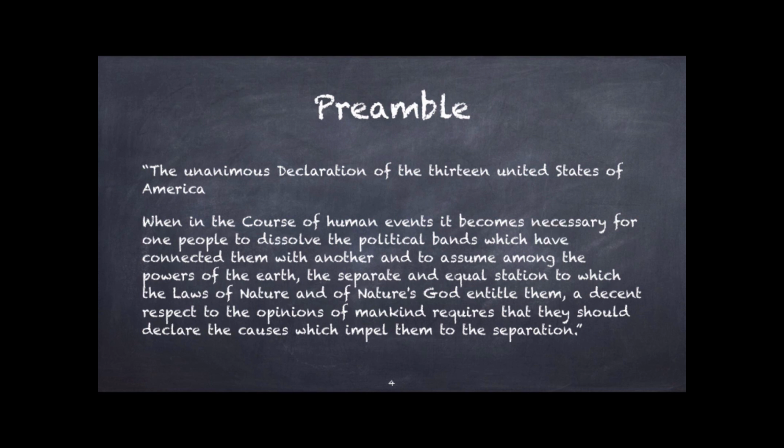And then, of course, of nature's God is who we would refer to as Yahweh, or capital G, God, the Judeo-Christian God. He invokes natural rights here, natural law. And they're saying if a people is going to separate, then they need to explain to the world why.